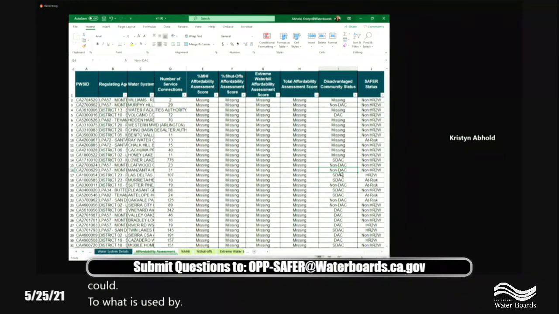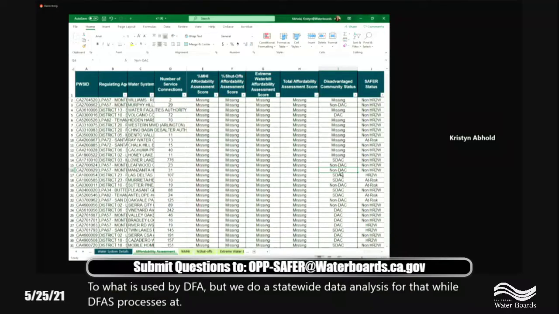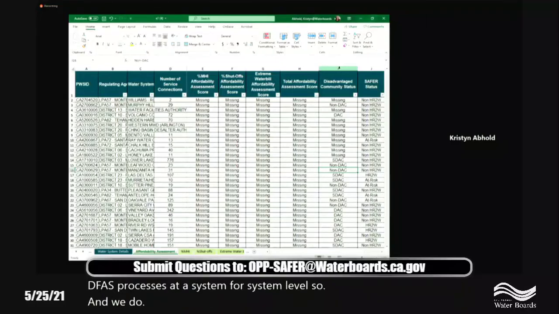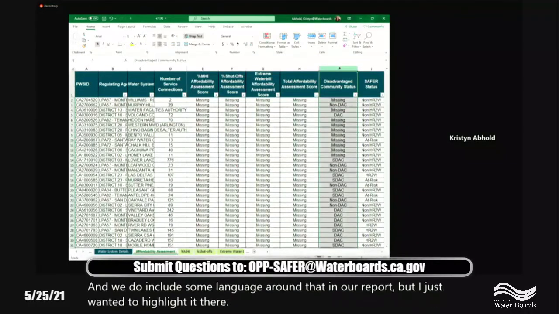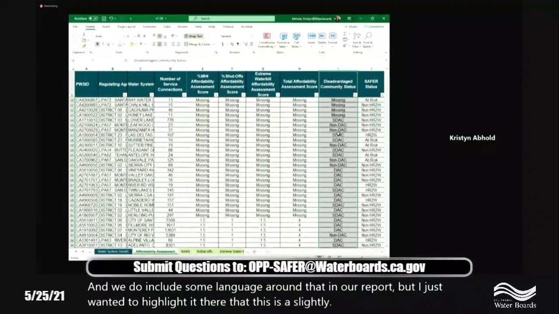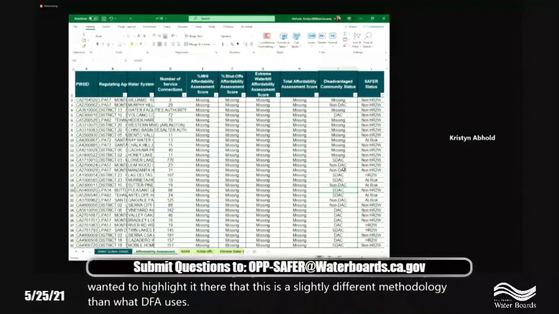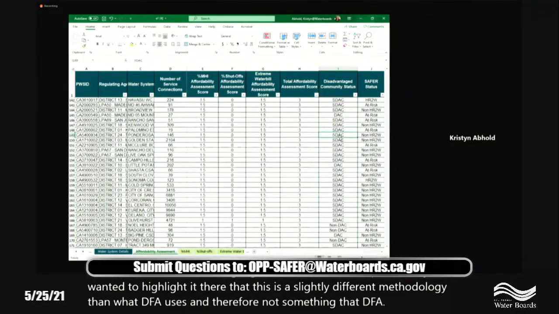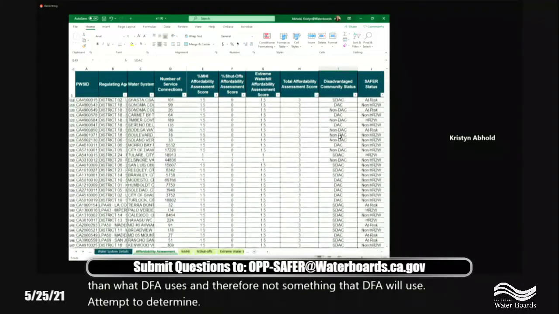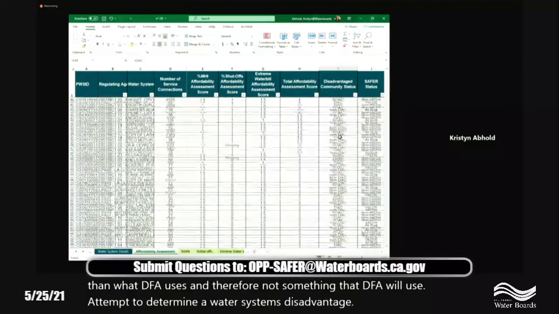But we do a statewide data analysis for that, while DFA's process is at a system per system level. So we do include some language around that in our report, but I just wanted to highlight that this is a slightly different methodology than what DFA uses, and therefore not something that DFA will use to determine a water system's disadvantaged community status.